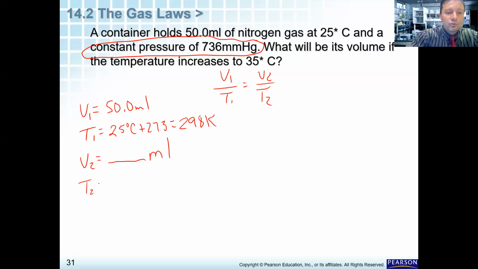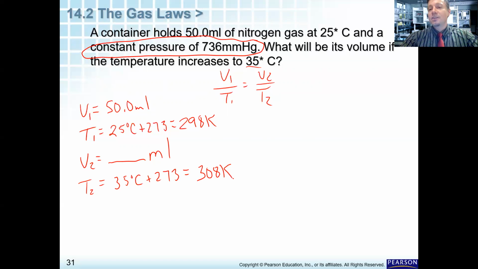And my temperature 2 is going to equal 35 degrees Celsius plus 273. So I have 308, if I did the math right, 308 Kelvin.